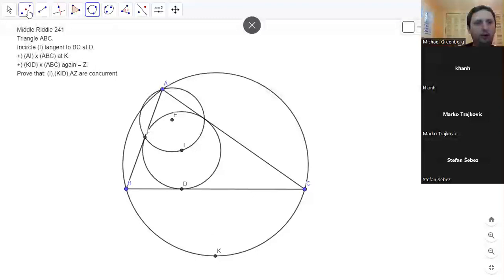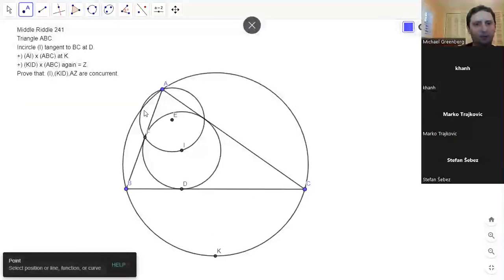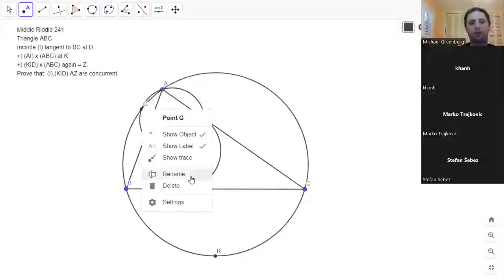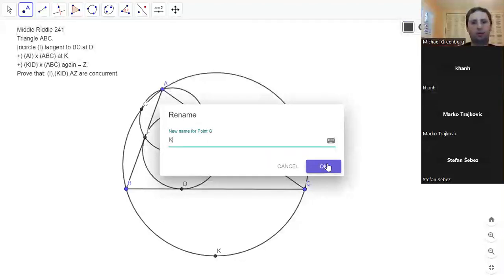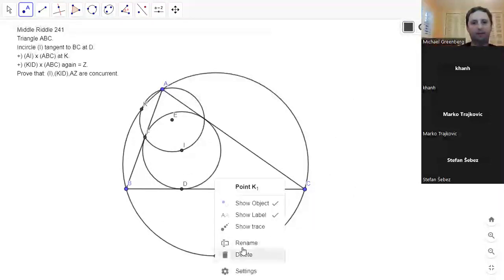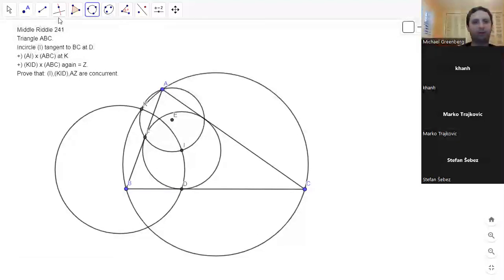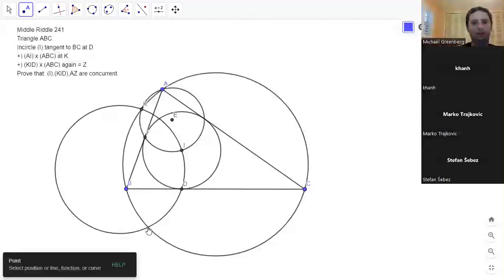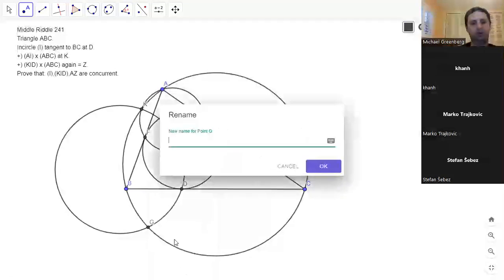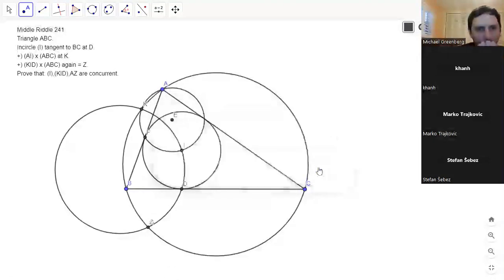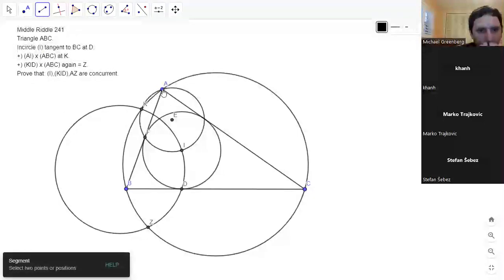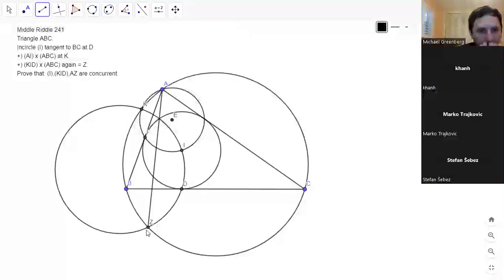And so this is a Sharkey double point, and it has a lot of properties. So then KID. Yeah, the Sharkey double configuration probably crushes this. Z. We want to show they meet here.